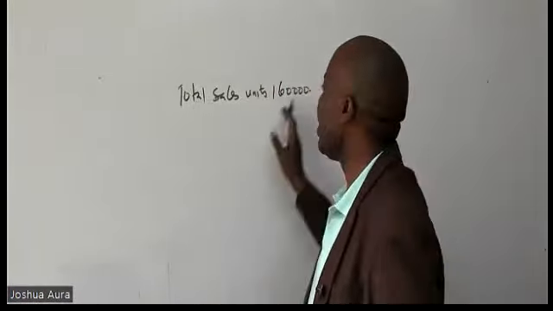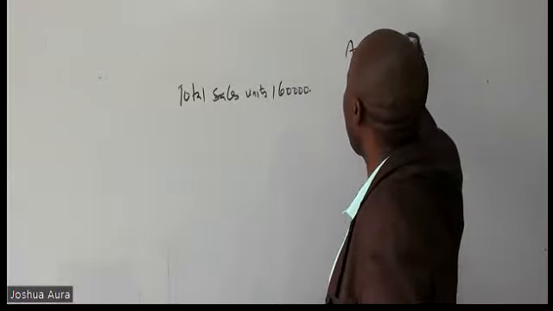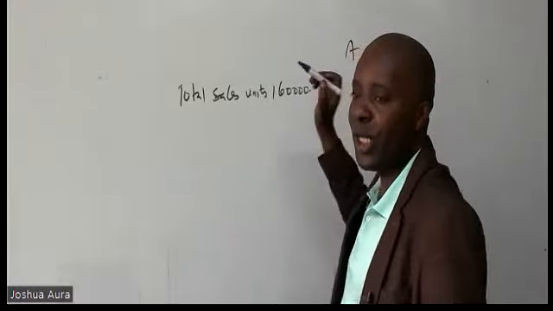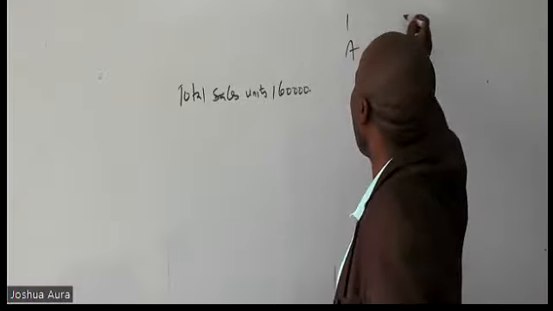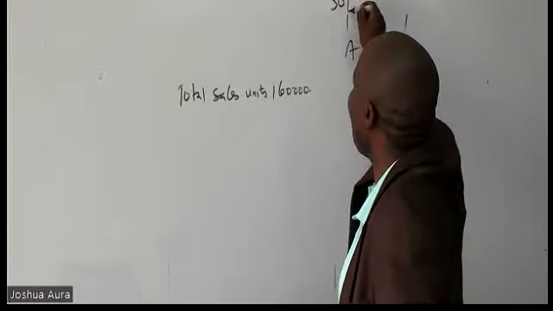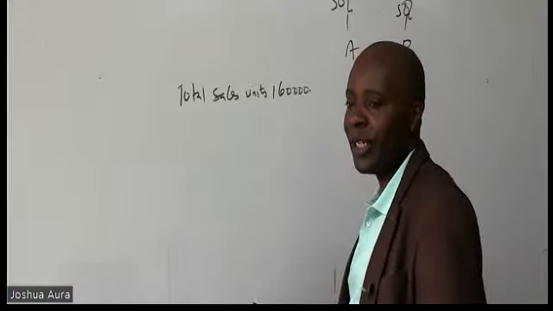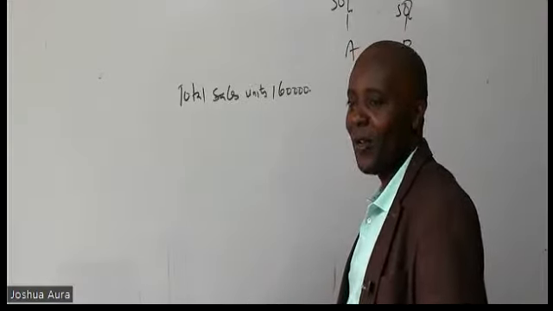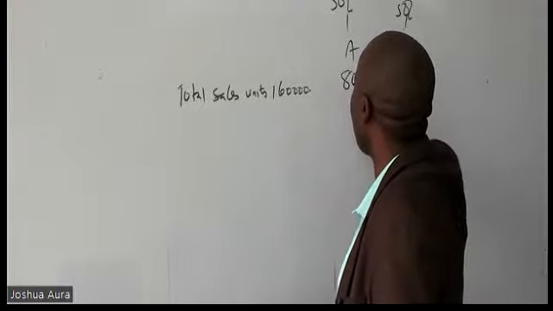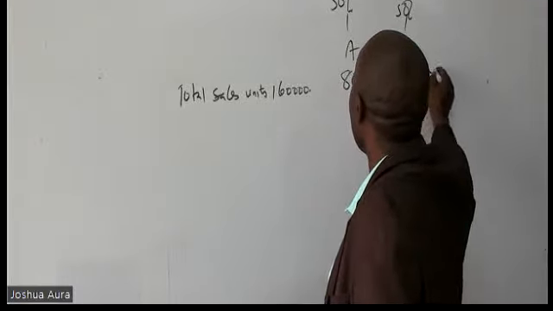They want us to redistribute this to A and B using the new sales mix, 1:1. So 1:1 means what here? 50-50, 50%, 50%. So this will be 80,000, this will be 80,000, like that.